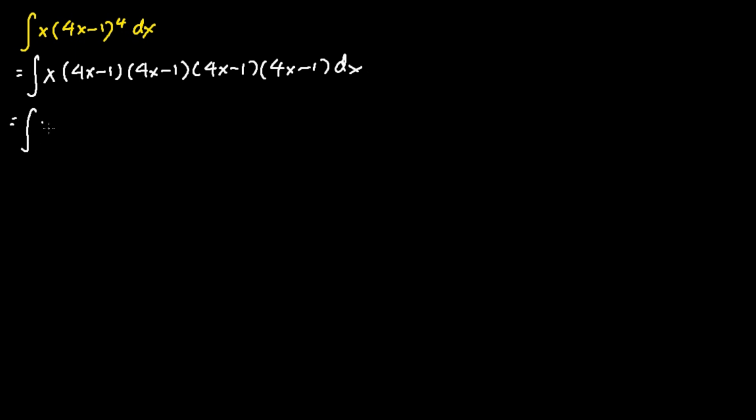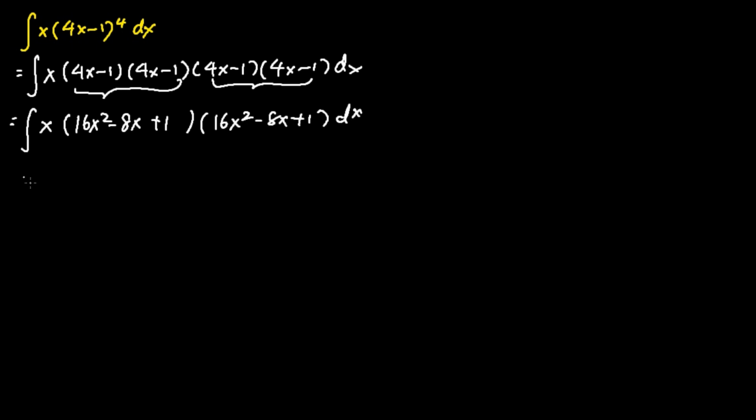Then I work out in this manner. 4x times 4x is 16x squared. And then we have 4x times minus 1 plus 4x times minus 1 gives me minus 8x plus 1. And as for the second pair, 4x minus 1 times 4x minus 1 gives me the same answer as the first pair. And the next thing I'm going to do is expand the whole equation out.